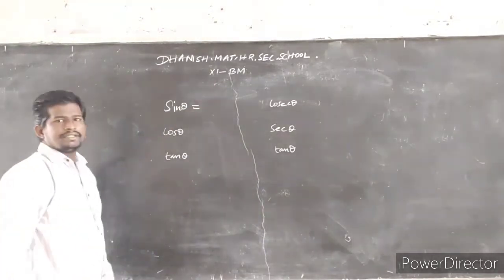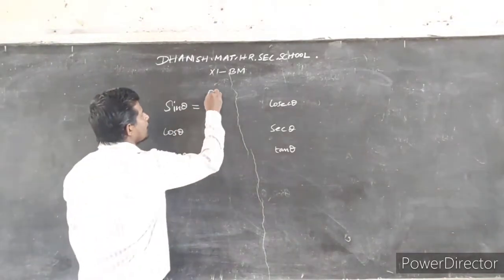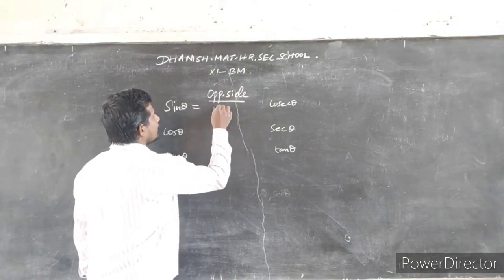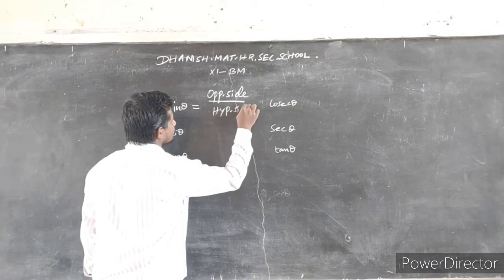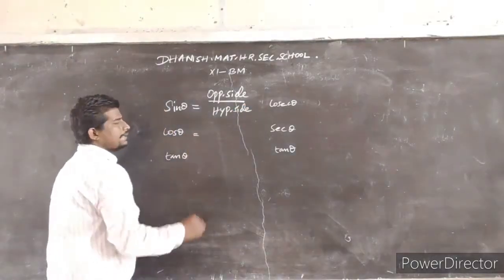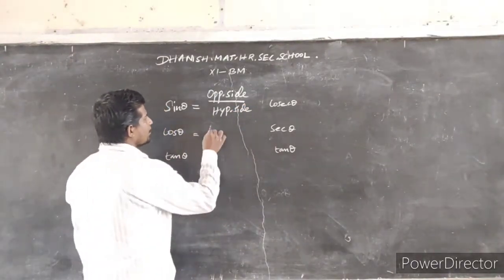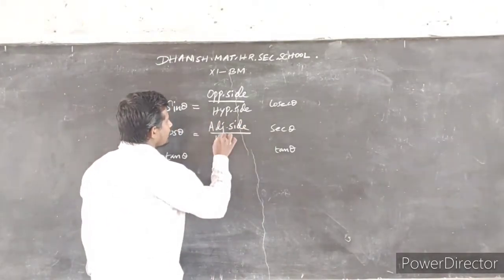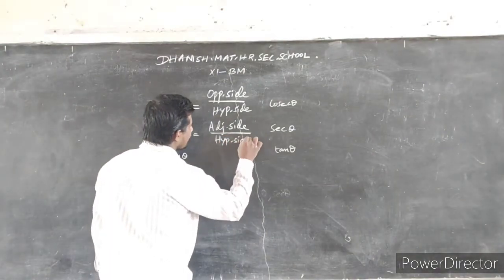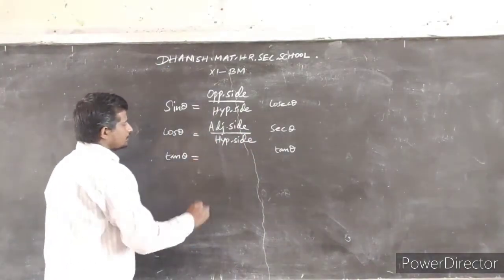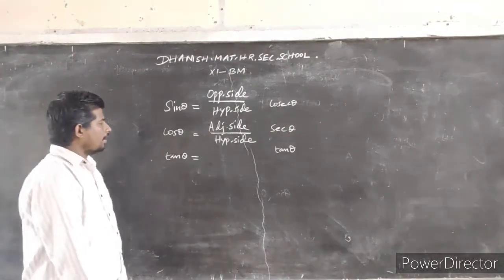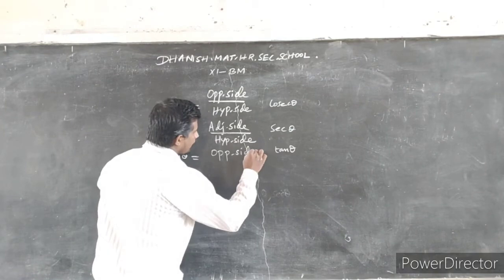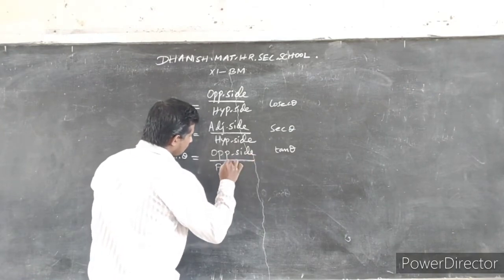Sin theta is the ratio of opposite side and hypotenuse side. Cos theta is the ratio of adjacent side and hypotenuse side. Tan theta is the ratio of opposite side and adjacent side.